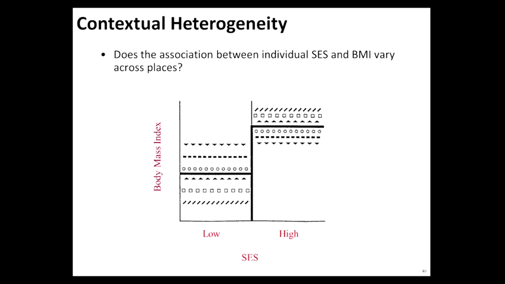So even if you're only interested in individual level associations, the fact that it might vary from place to place is an important question to bring in the contextual aspects. Are those associations contextualized? As we saw in the case with the Robinson example, they certainly were. And in many instances, that's exactly what you find, that the average effect at the individual level that we often report usually has a dramatic variability, especially when we look at in-depth sites.